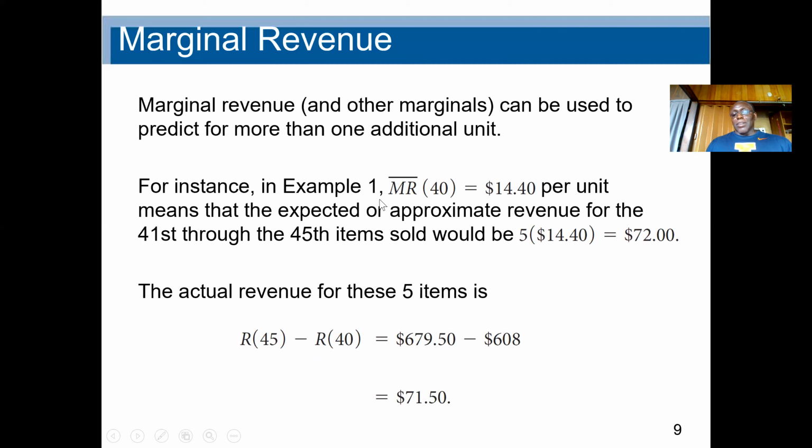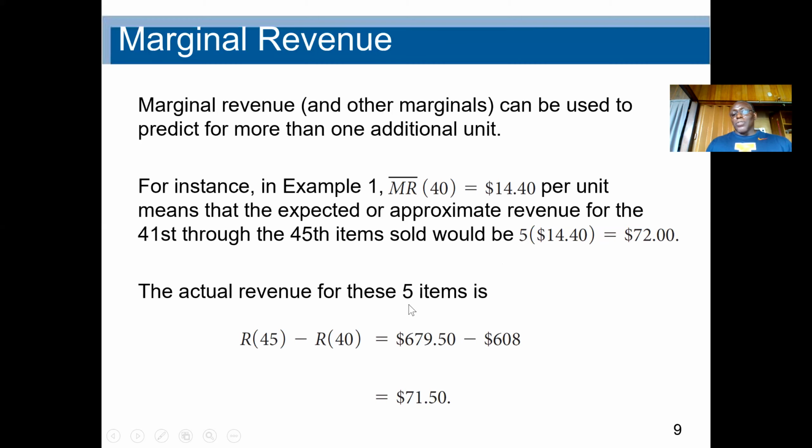For instance, in example 1, the marginal revenue for 40 is $14.40 per unit. It means that the expected or approximate revenue for the 41st through the 45th item sold will be 5 times 14.40. This is for the next 5 items after 40. So it will be 5 times 14.40, which will give us 72.